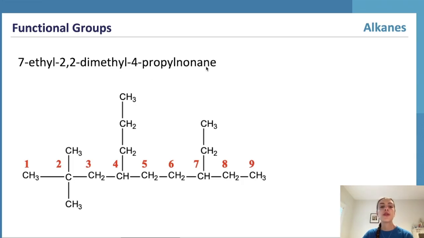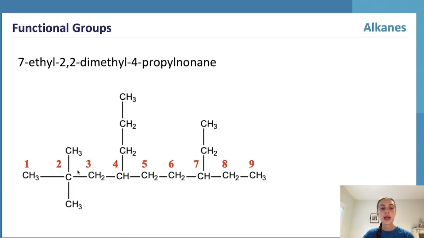When you're faced with a long and big molecule name like this, or if you were shown just this structure and it's a big molecule like this, the first thing you always want to look at is what is at the end of the molecule. What is the suffix for this particular molecule name? We can see that the suffix is nonane, that being a 9-chain long alkane molecule.